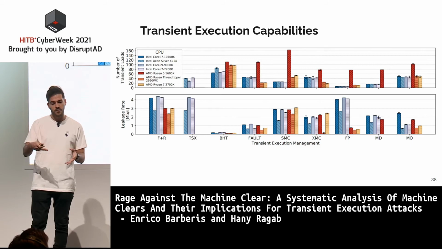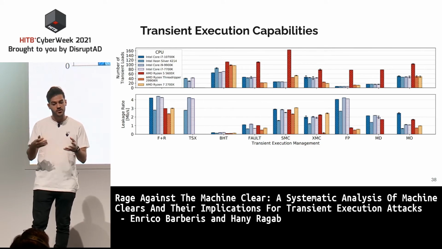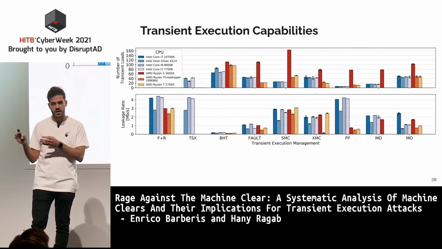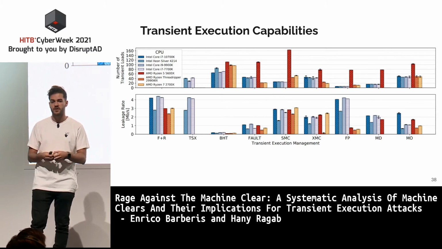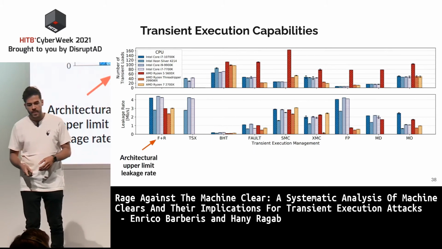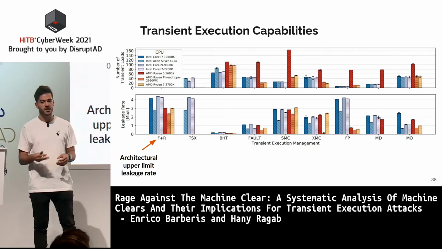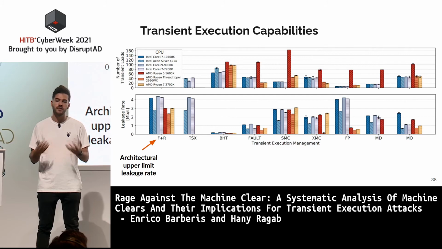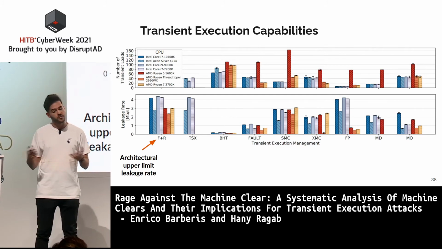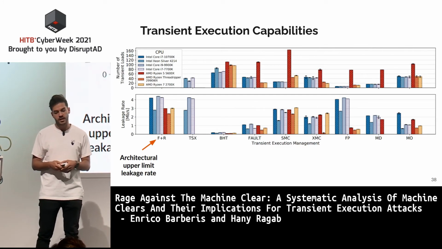And the bottom plot represents the leakage rate, how a specific transient execution mechanism performs in terms of leaking data. Here we have the flush and reload bars representing the architectural upper limit in terms of leakage rate, that we try to compare our leakage rate against.